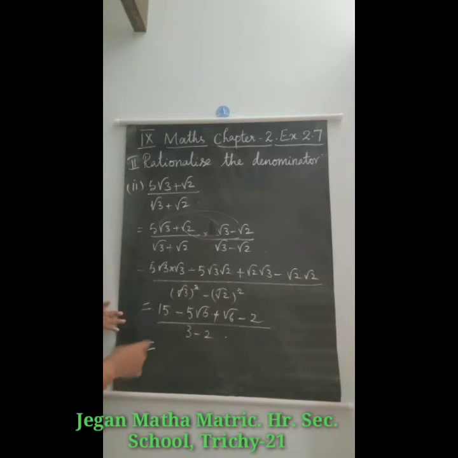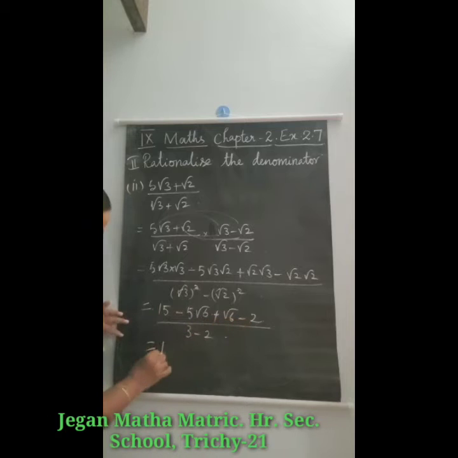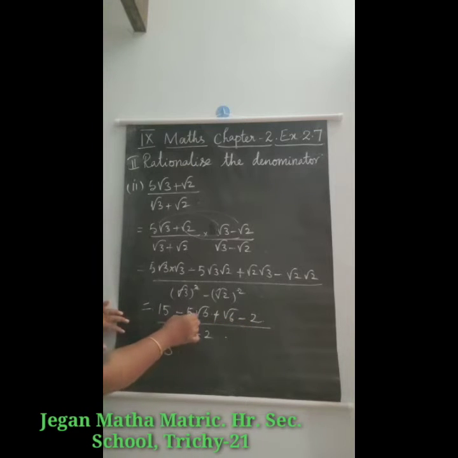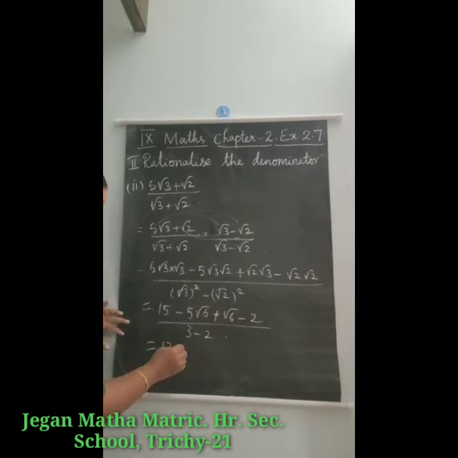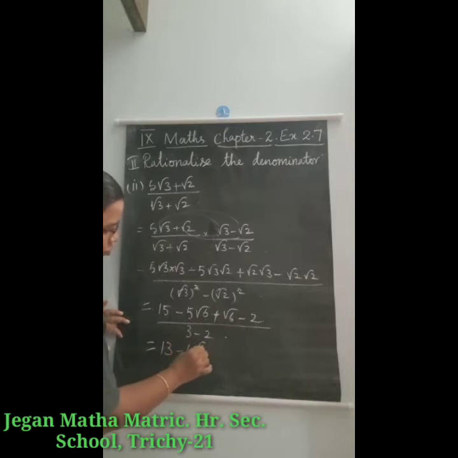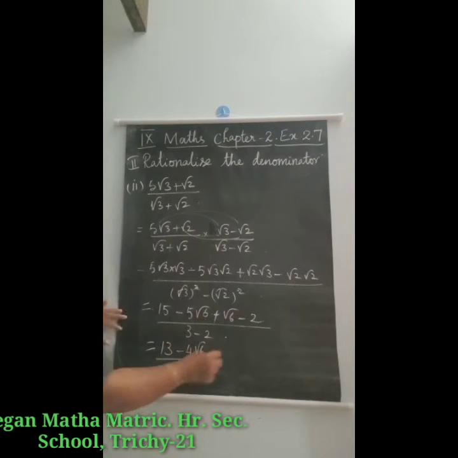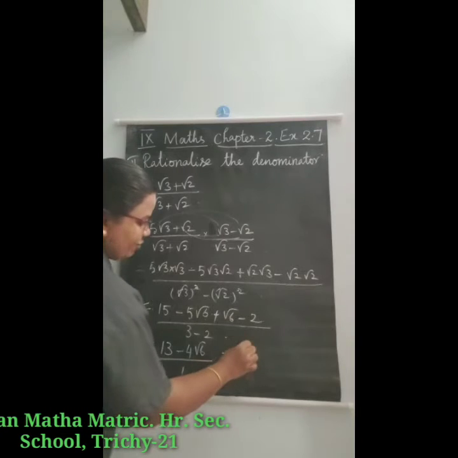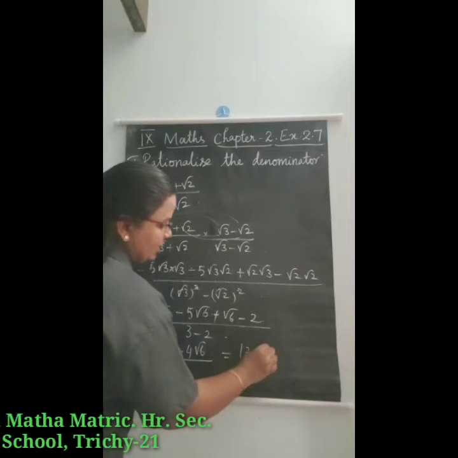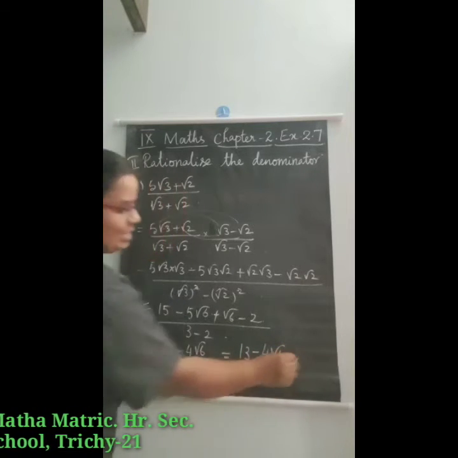So that is equal to 15 minus 2, 13, minus 5 root 6 plus root 6, we will get minus 4 root 6, divided by 1. So what is the answer for this sum? 13 minus 4 root 6 is the answer.